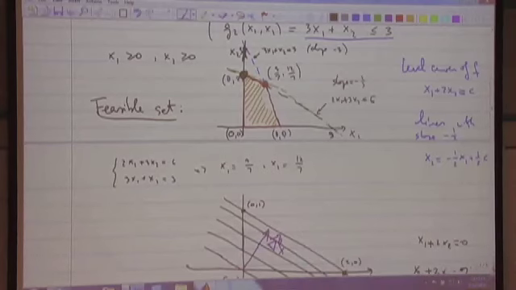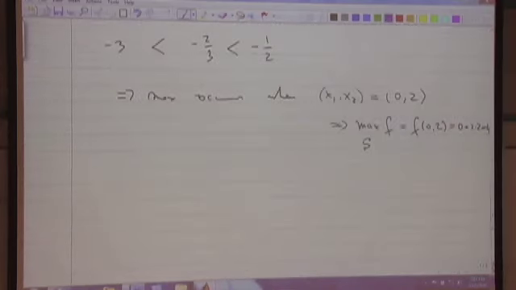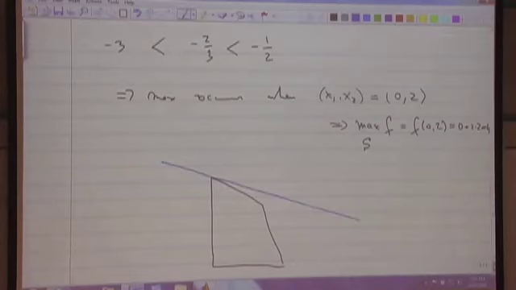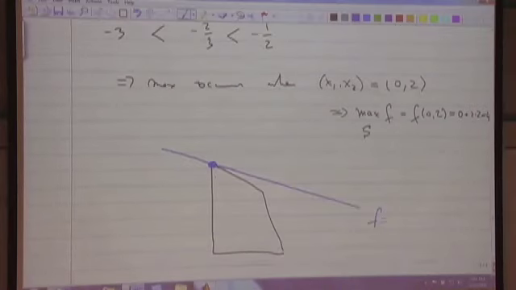So by looking at the slopes, we conclude that the maximum is going to occur when, I'm just going to draw this here, that's going to be f equals 4, right? Now you can verify this. So for instance, what's the value of f at the other vertex? At this vertex?